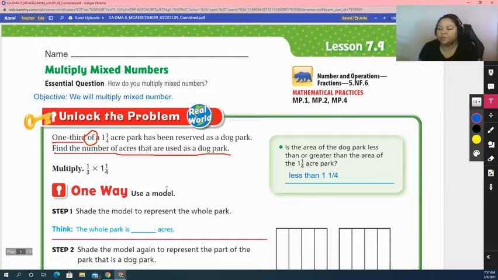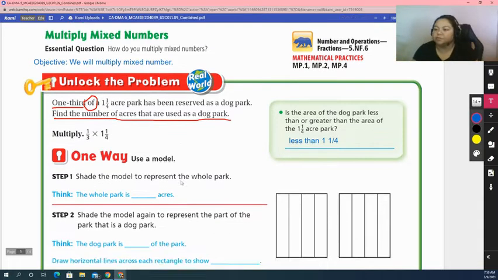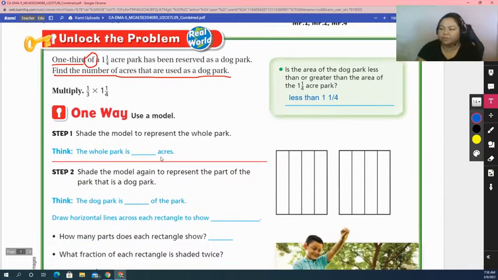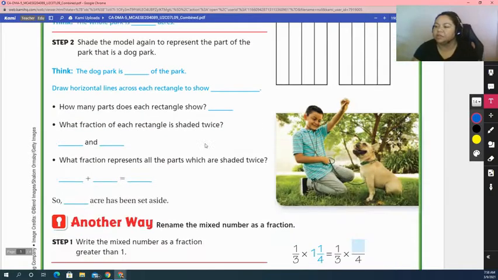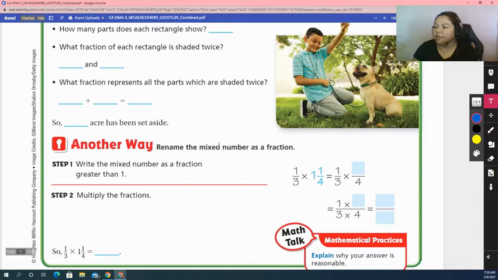Now, one way that we're going to do this is to use a model. Step number 1. Here is our model, right? They put it on the side. We're going to use a model, and then we're going to actually multiply by renaming the mixed number.